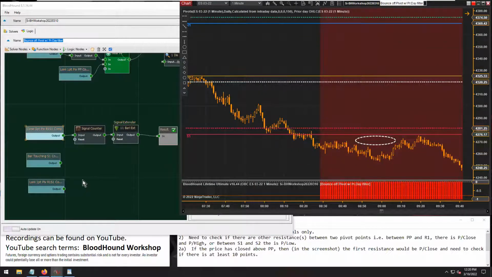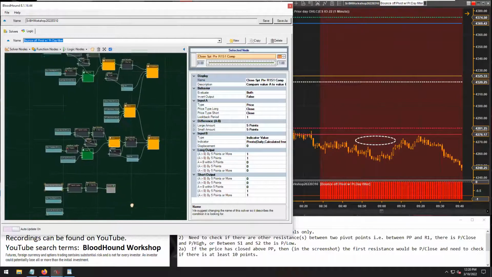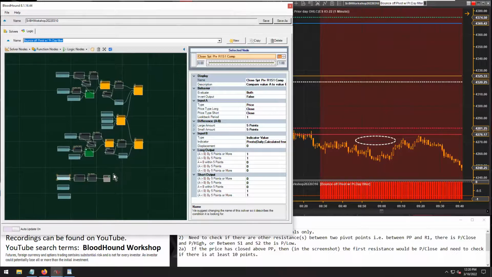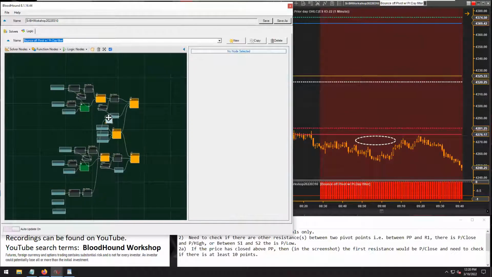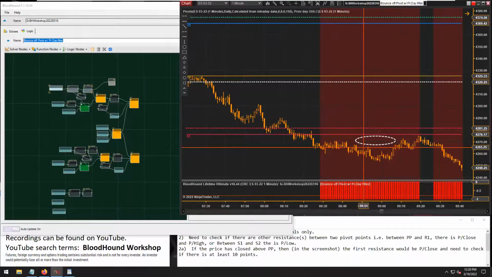And in case anybody was wondering, if I connect this, this logic up here is doing the same thing. However, this only works for R1.